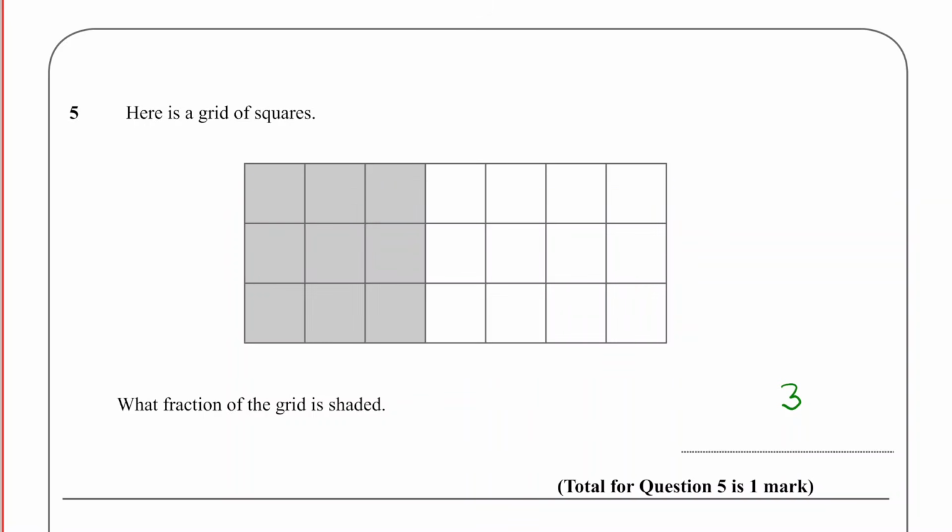So I'm going to say it's 3/7. 3/7 is shaded. We could have also had, it would have been 9 out of 21. 9 out of 21 would also be a perfectly good answer.